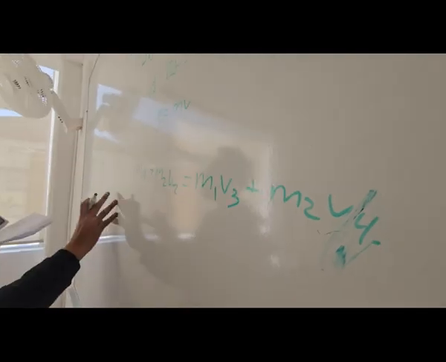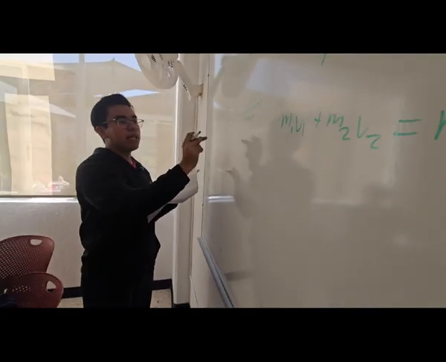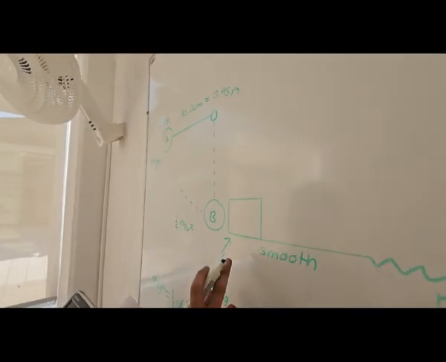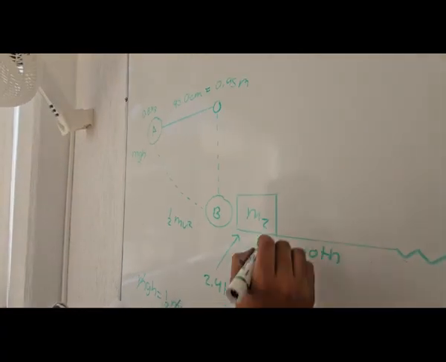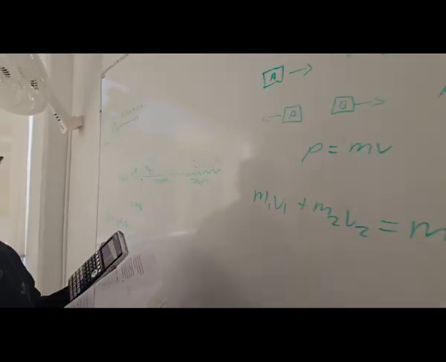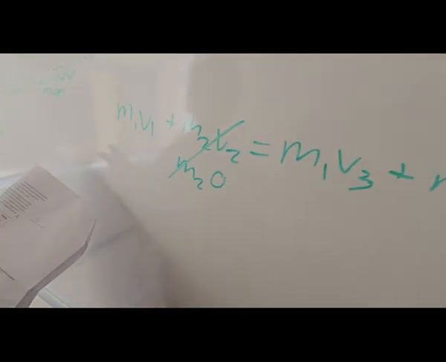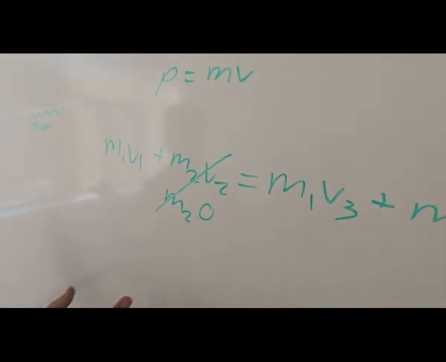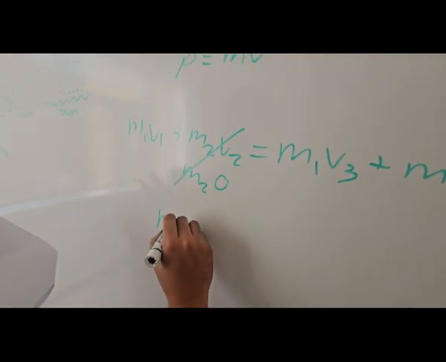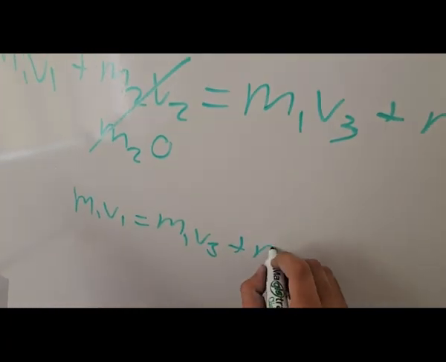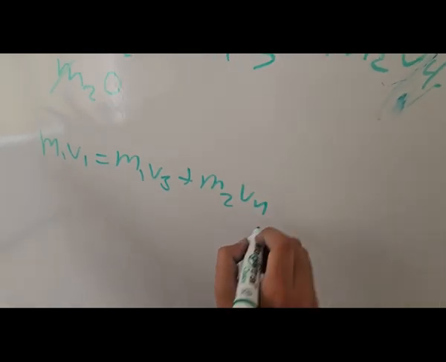Okay, so putting this into our problem, we know that this square is at rest, so its velocity is 0, and this will be our mass 2. So in our formula, as m2 multiplies 0, we can cancel this, and then we end up with m1 v1 equals m1 v3 plus m2 v4.